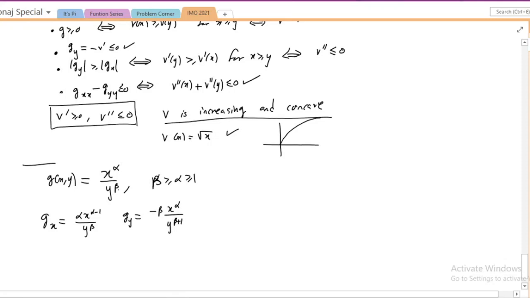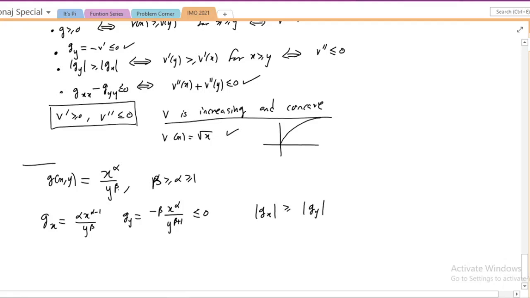So g_y is certainly negative. Alright, so that part has sorted out, and then when we take absolute values, so g_x is going to be greater than or equal to this, so just check.